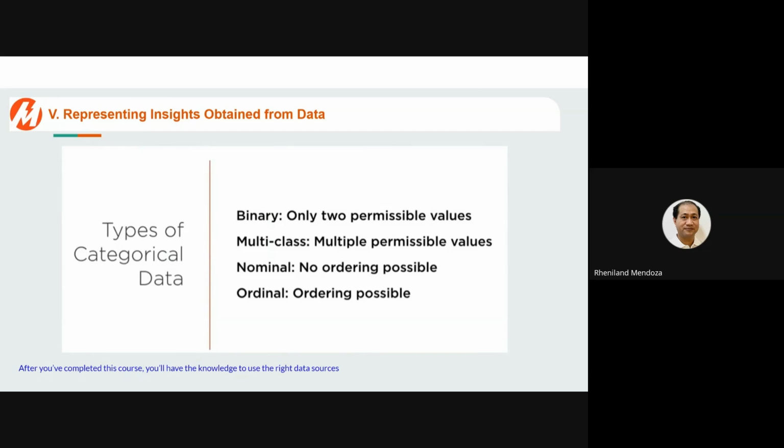Next, we have the nominal, which is inherently unordered. Male or female, days of the week. There's no specific ordering here. Categorical data that is ordinal, on the other hand, in nature may have a possible ordering. So if you're talking about letter grades, an A is definitely better than a B.